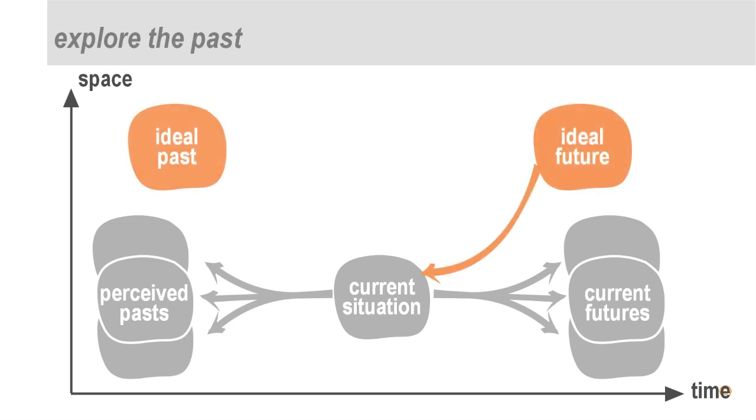It can inform not only what the difference between the ideal past and perceived past is and where compensation should occur, but we can get an idea from the ideal past about how an ideal future could look like, or what strategies we should employ to create an ideal future.